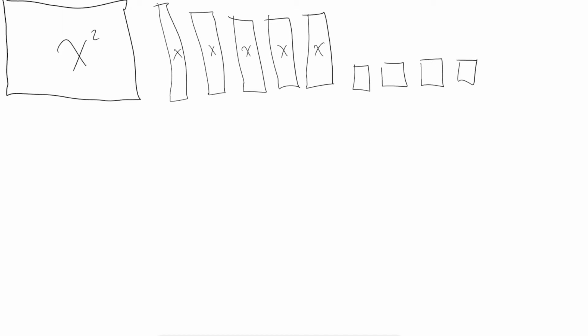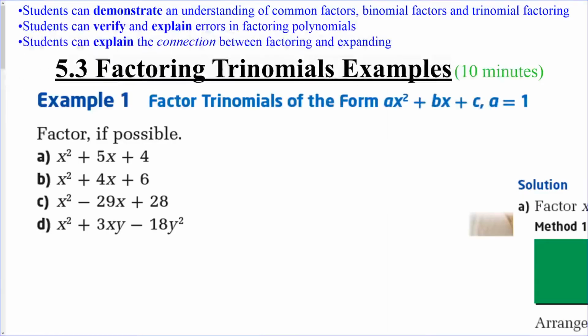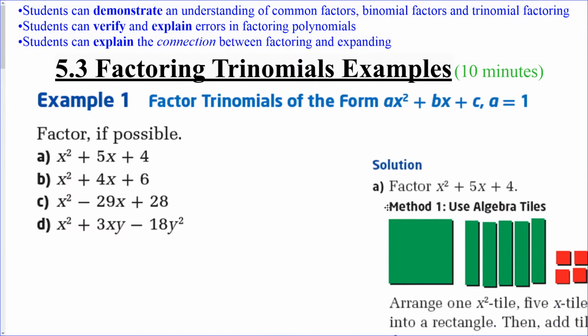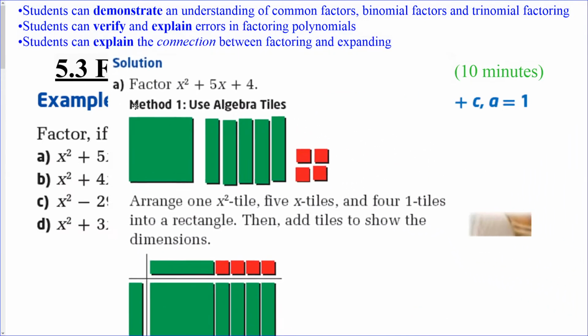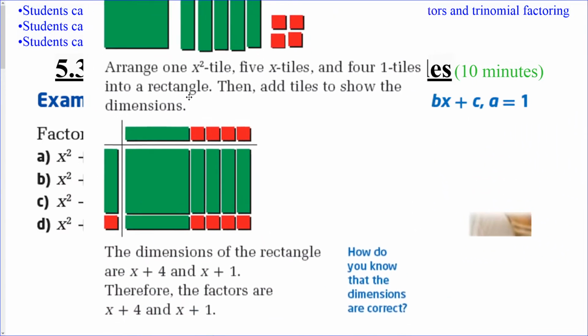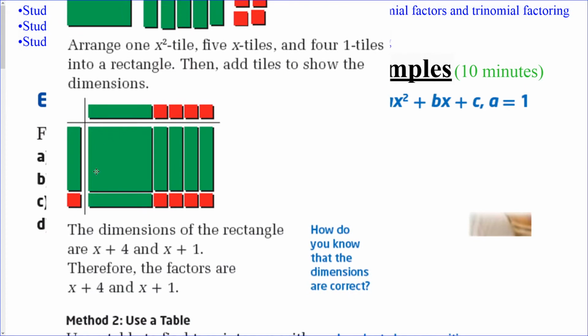If I take that one big x squared, those 5 long x's, and those 4 1s, I can arrange them this way: my x squared tile here, 4 of the x tiles next to it in a vertical position, the last x tile in a horizontal position, and then the 4 1s just like this.